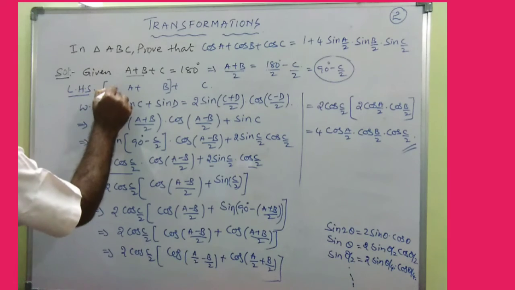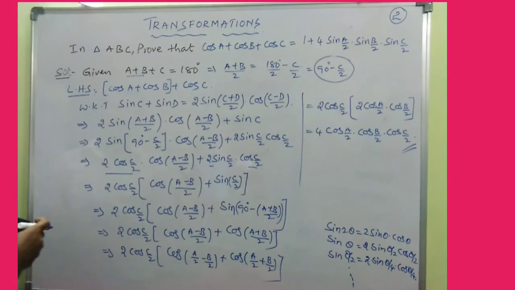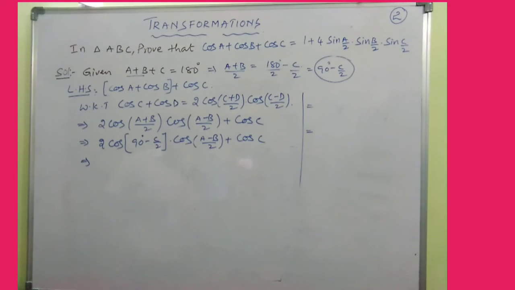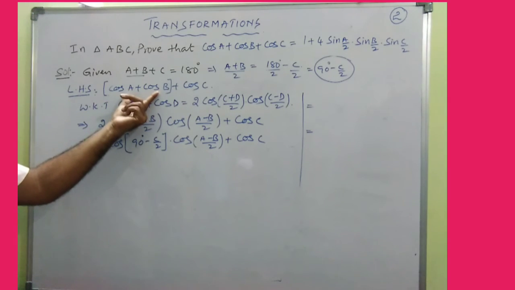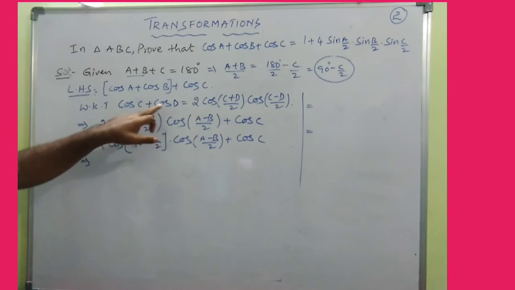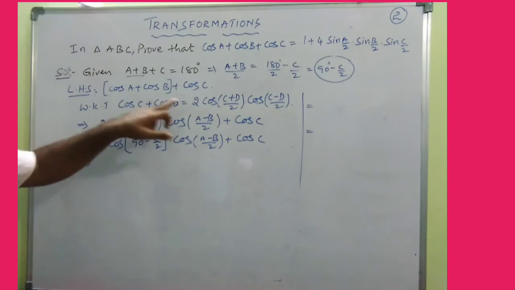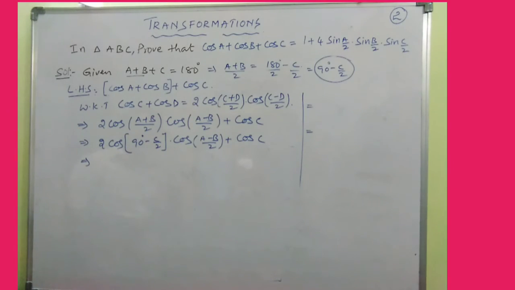LHS is cos a plus cos b plus cos c. If I consider these two together, I can apply the formula of cos c plus cos d, that is 2 cos of c plus d by 2 into cos of c minus d by 2.